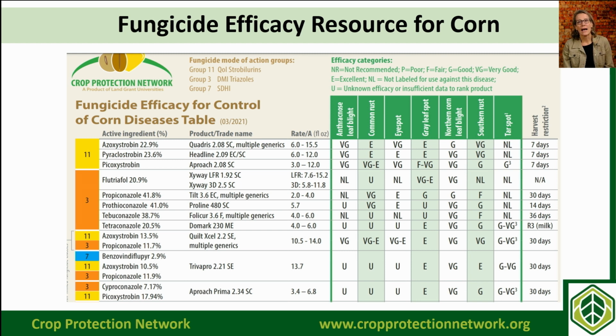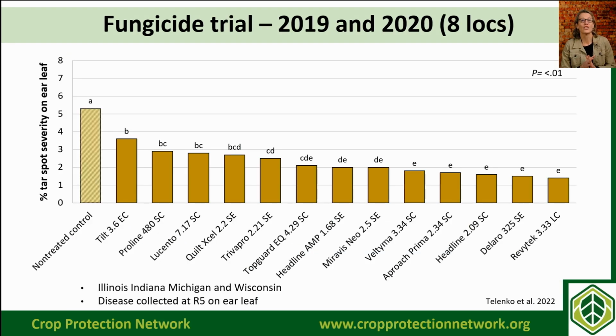If you look in that table, we have tar spot there and a list of all the fungicides that are registered for use on corn. That will give you a rating of how effective that fungicide is against that particular disease, tar spot in this case. Okay, so we're going to look at a lot of data. Most of the data is going to have tar spot severity on the ear leaf on the vertical axis.